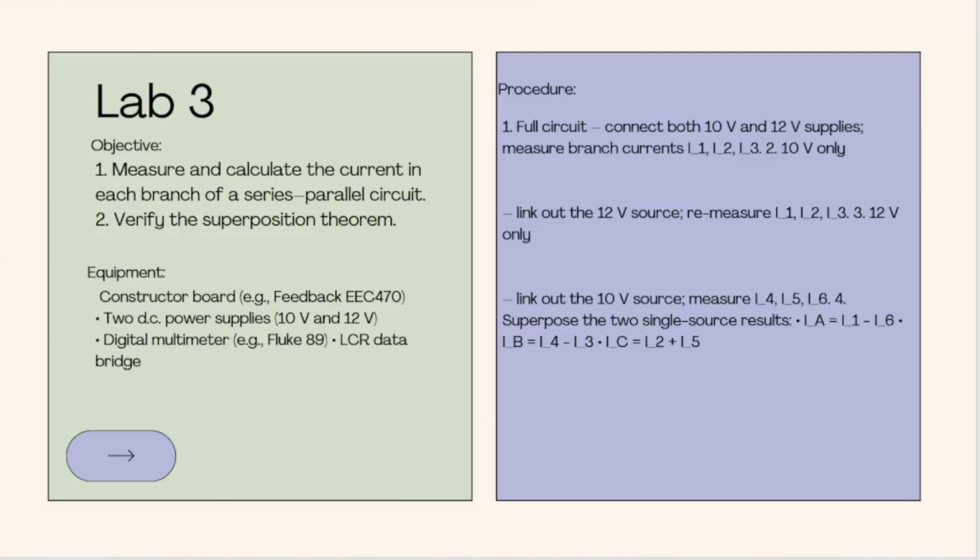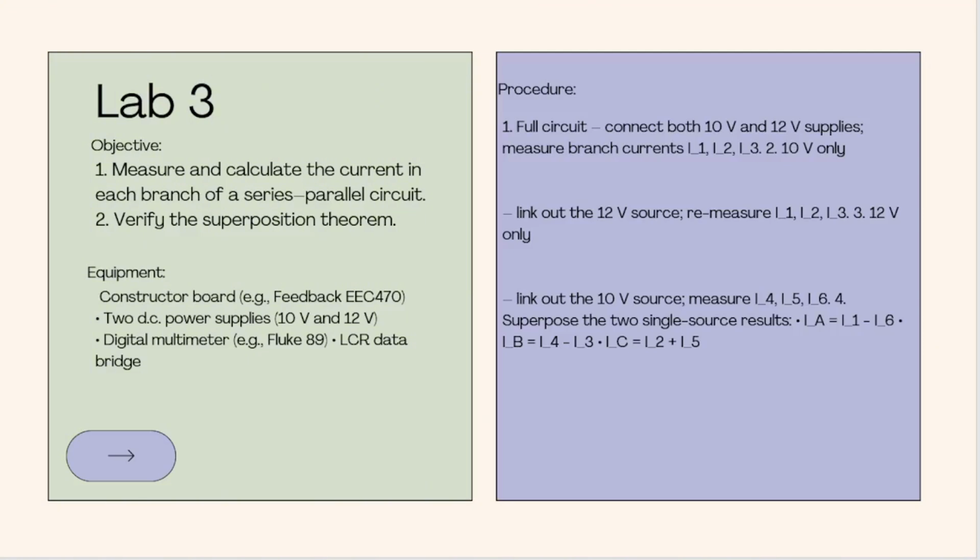So lab 3, our objective is to measure and calculate a series-parallel circuit and verify the superposition theorem. The equipment we'll be using is a construction board, a DC power supply with 10 volt and 12 volt, and a digital multimeter with an LCR data bridge.